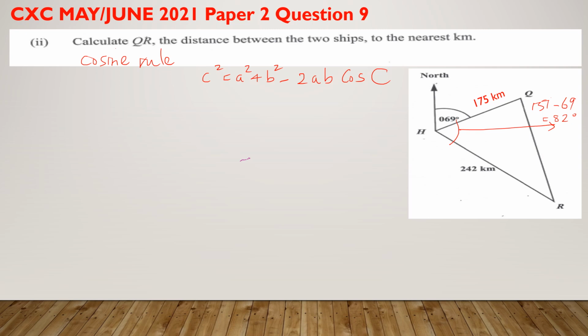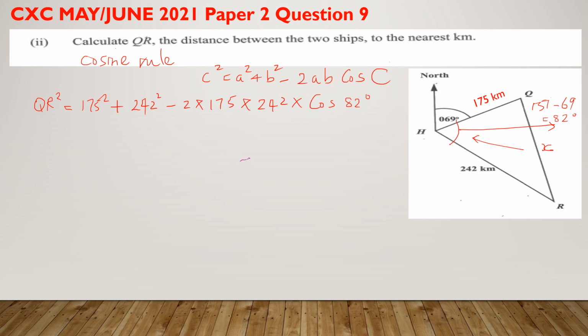So we're trying to find QR. So QR squared is equal to the other two sides, doesn't matter whichever, 175 squared plus 242 squared minus 2 times 175 times 242 times cos the angle that's opposite to the side we're trying to find, 82 degrees.